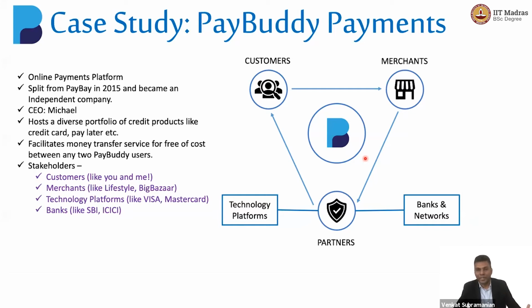Let's say you have an SBI credit card, you will add it to your Paytm wallet. Let's say you have an HSBC debit card, you will add it to your Paytm wallet. You can also have the option of directly linking your bank account to the wallet. That is another option you have. So let's say you have an Axis Bank account. You can add that net banking Axis Bank as another option inside your Paytm wallet.